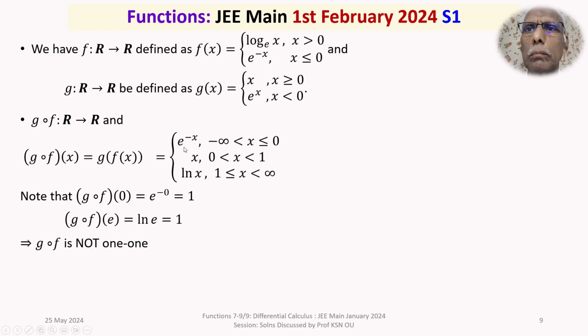So that means all positive real numbers greater than or equal to 1 are the images of that part.